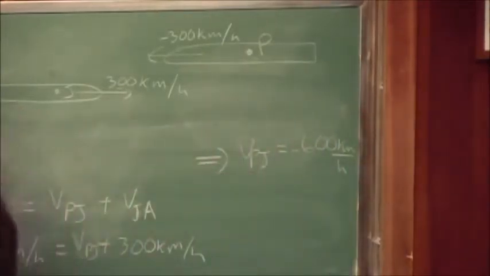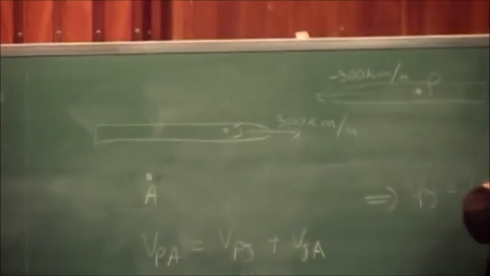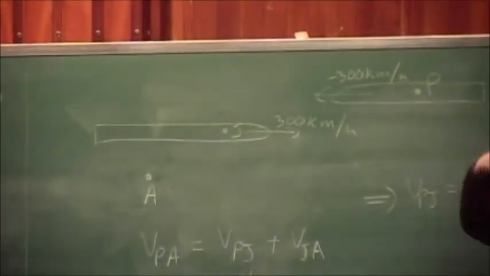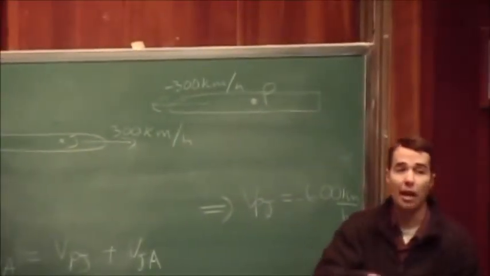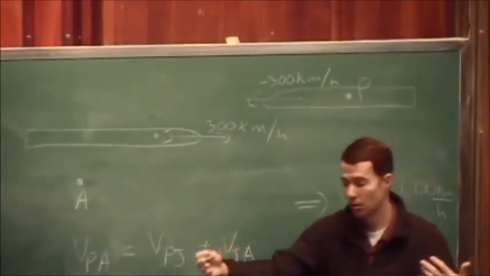Okay. So now, if it took 1/100th of an hour to slow down, so let's say I'm still moving at 300 kilometers per hour, but P starts to slow down, right? It's coming to a train station. So it goes from minus 300 kilometers per hour to 0, and we'll just say in 1/100th of an hour.